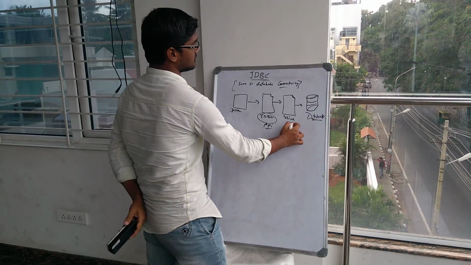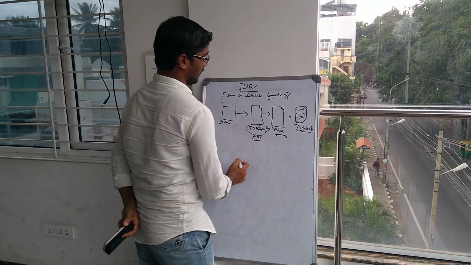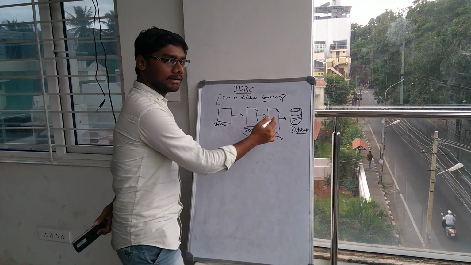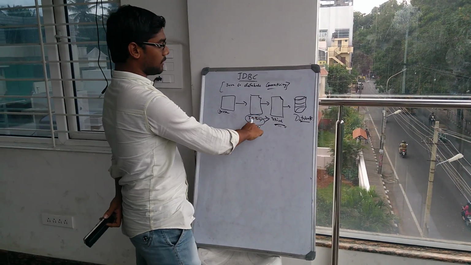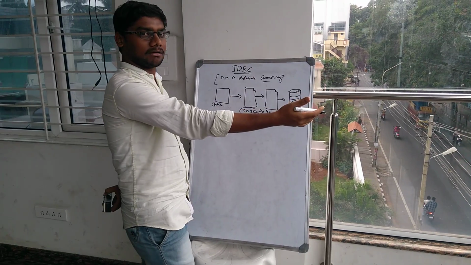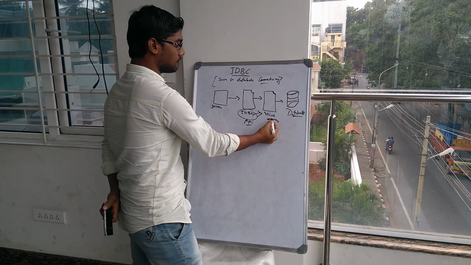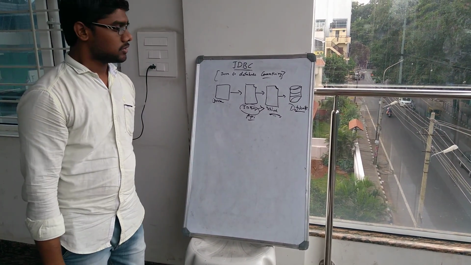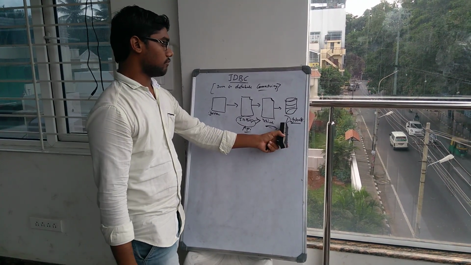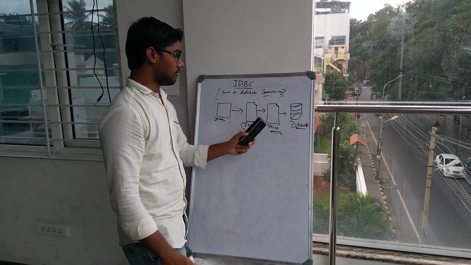And these are the drivers which are used by JDBC. The drivers are database dependent. That is, whichever company the drivers are taken from, the JDBC files will be of the same type. So this is the flow.